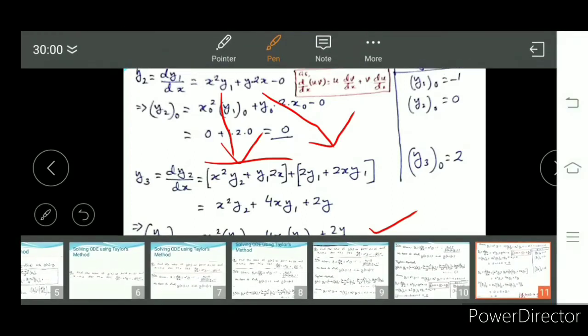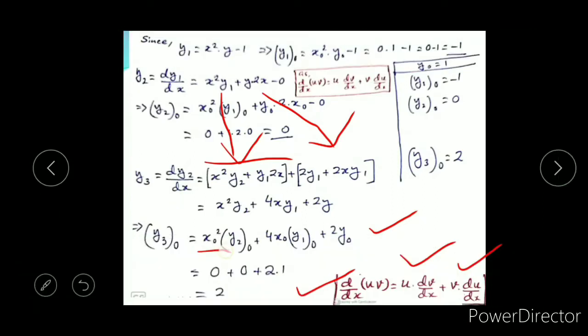Here the product of x0 and here also the product of x0, both of them will be 0 as x0 equals 0, and for 2y0, the value of y0 is 1. So 2y0 equals 2 into 1, that is 2. So we are getting the value of y3 0 equals 2.